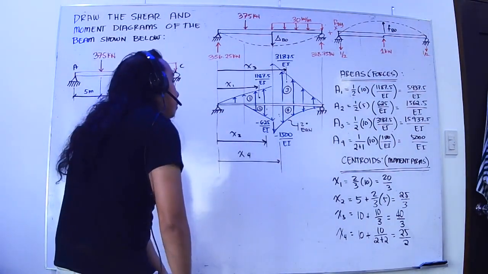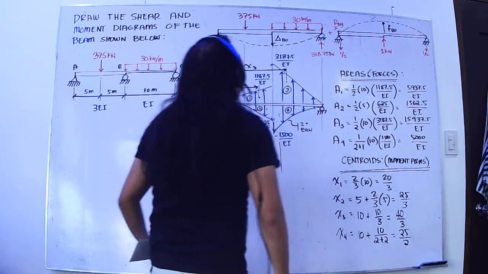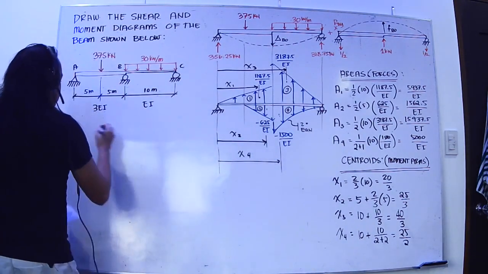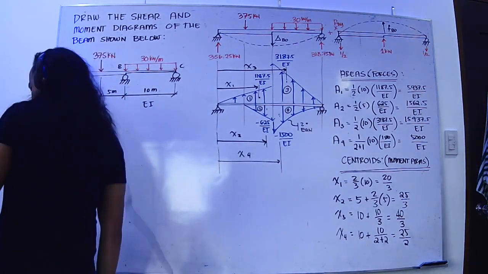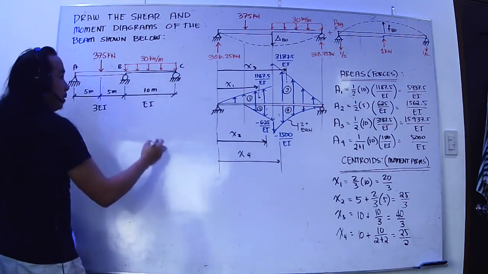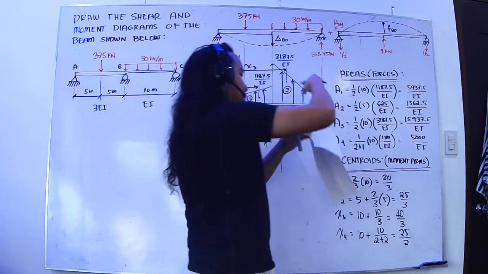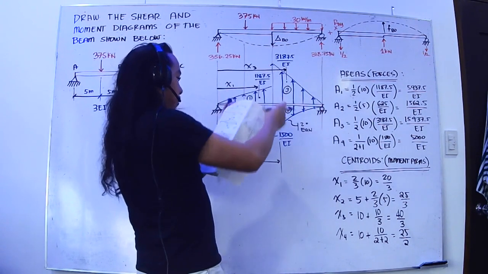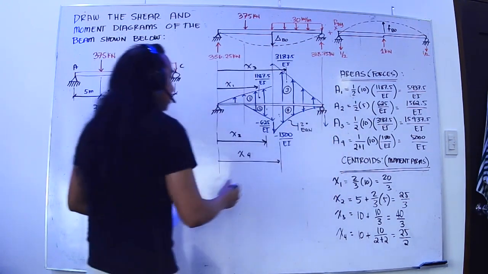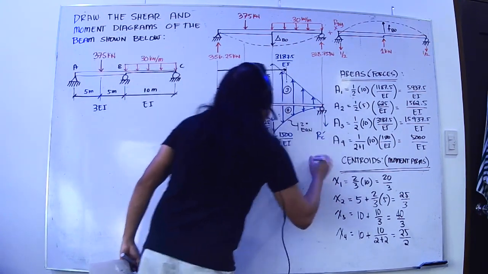Now, if I were to compute for the reaction at C, I would just like to use blue. Assuming this will be going down, this is RC prime.